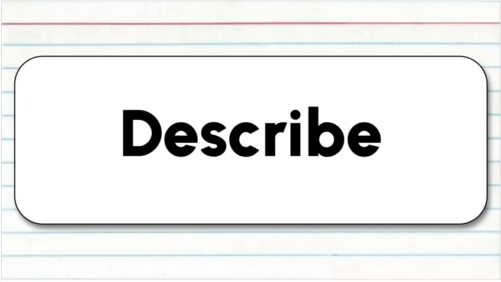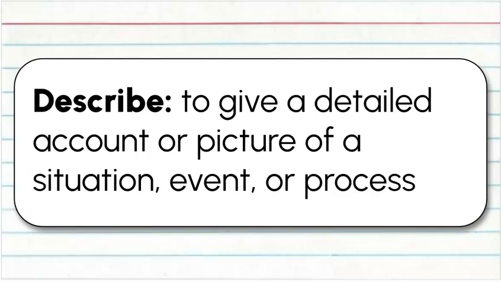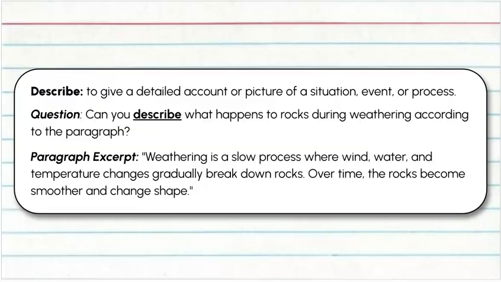Next, you may be asked to describe. When asked to describe, they want you to give a detailed account or picture of a situation, event, or process. You may be asked, can you describe what happens to rocks during weathering according to the paragraph? In the passage we saw, it said that weathering is a slow process where wind, water, and temperature changes gradually break down the rocks.